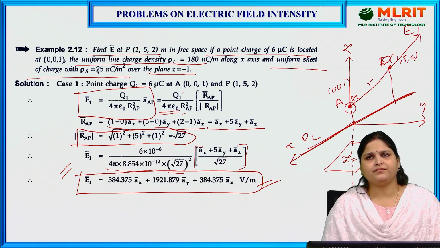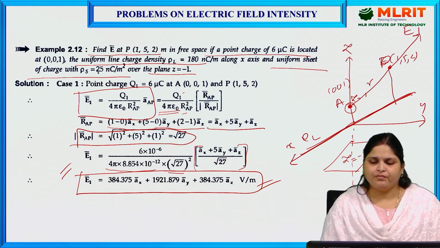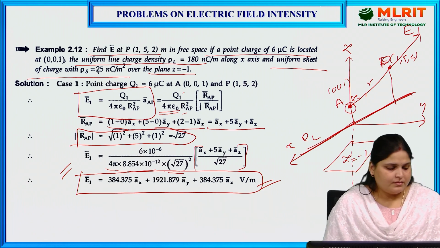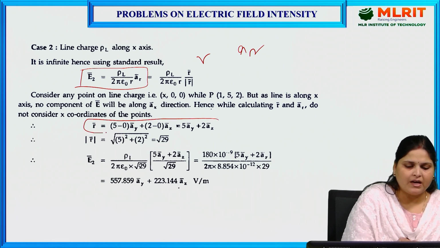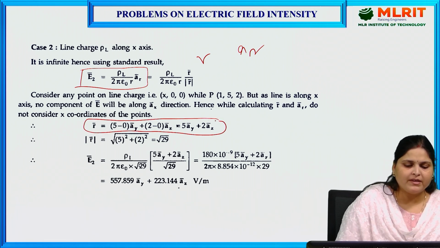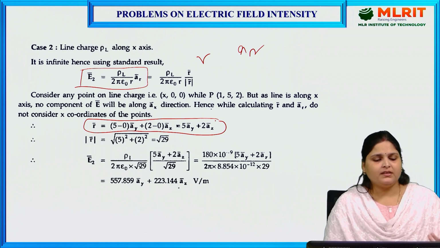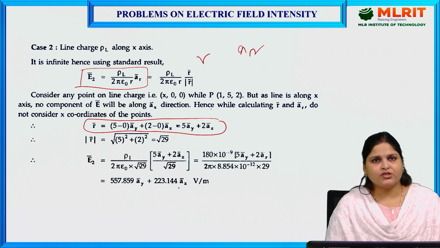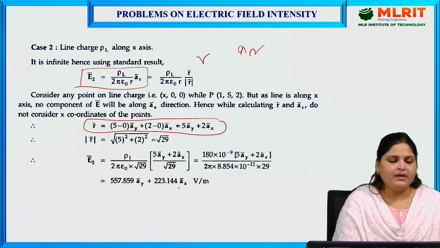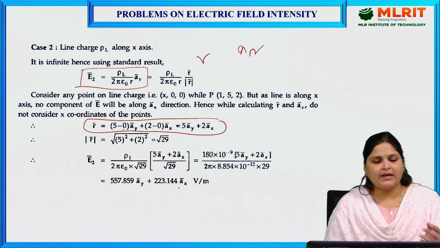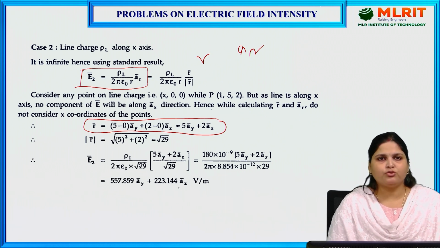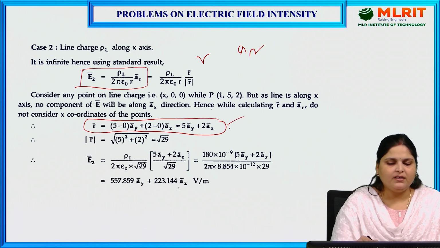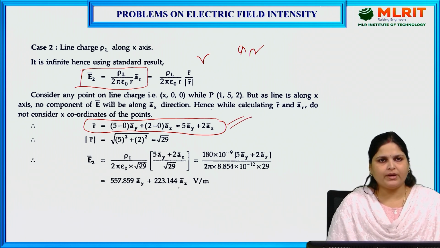When we write the equation, we get R as 5 minus 0 AY plus 2 minus 0 AZ, so the equation is 5 AY plus 2 AZ.